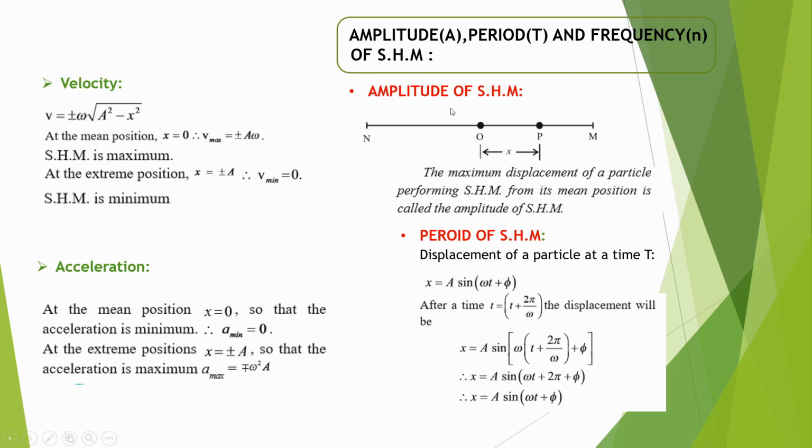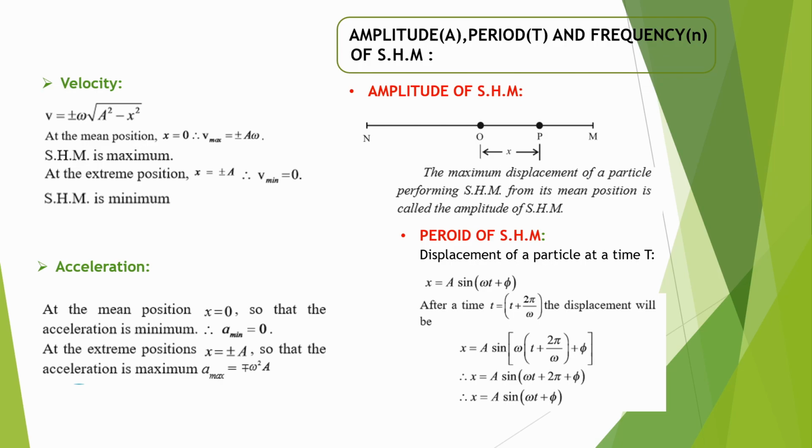Then the displacement of the particle: what is the formula for displacement? It is equal to A sin(ωt + φ). The particle will have its maximum displacement when sin(ωt + φ) is equal to ±1.